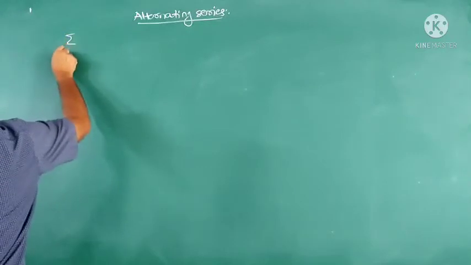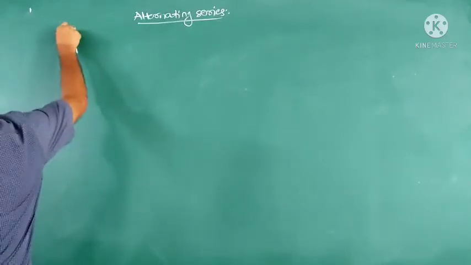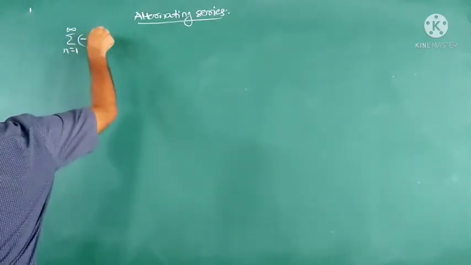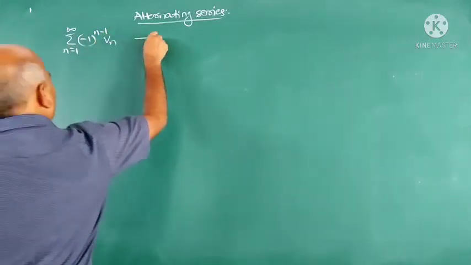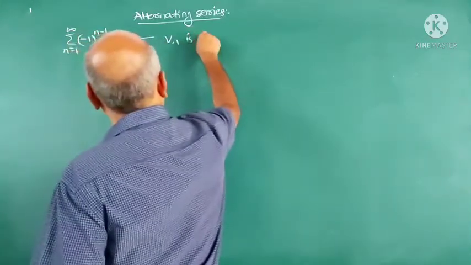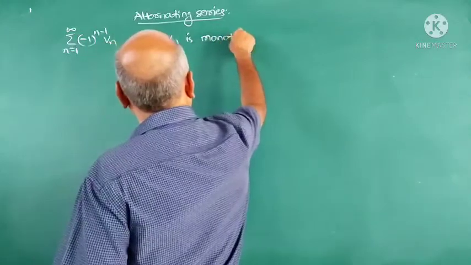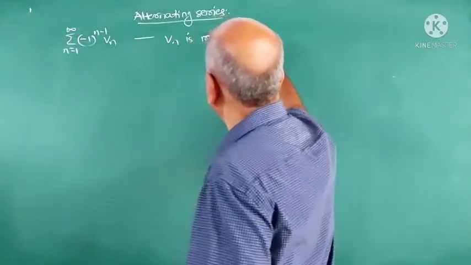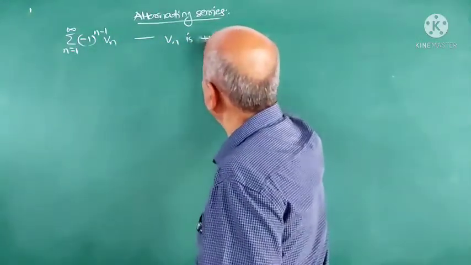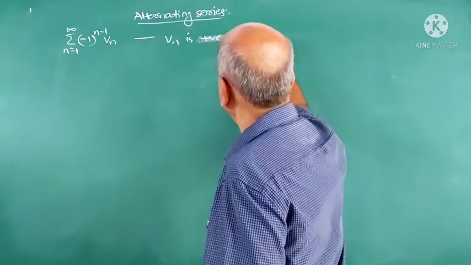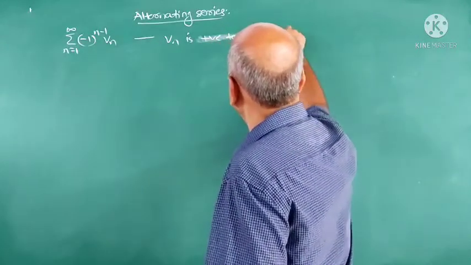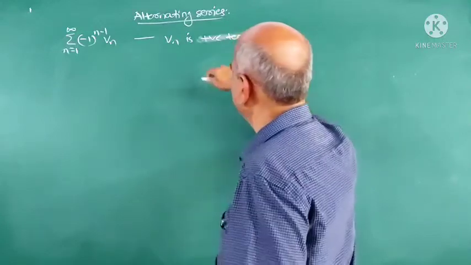A series sigma n equals 1 to infinity, minus 1 raised to n minus 1, Vn, where Vn is a monotone decreasing positive term series.